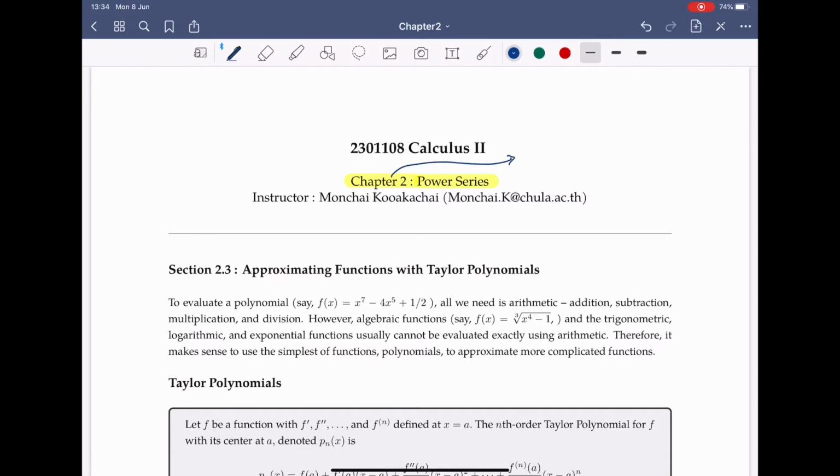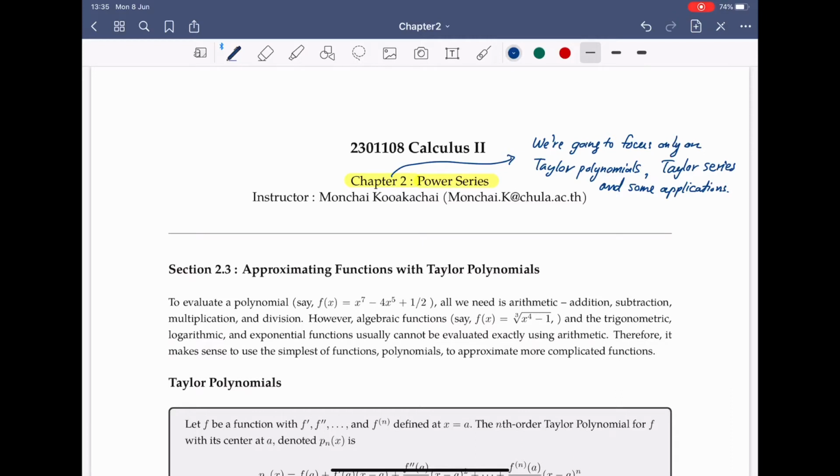So for chapter 2, we are going to focus only on Taylor polynomials, Taylor series, and some application.